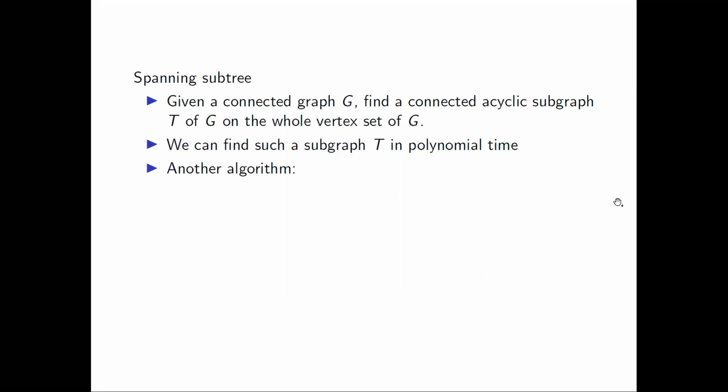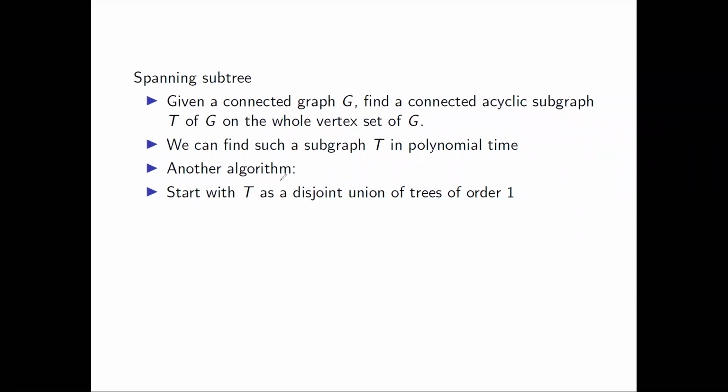So here's this edge adding algorithm. Our starting state for this algorithm, we start with T, and it is a disjoint union of trees of order 1. So in other words, T is a bunch of singleton vertices, and it's all of the vertices in G. So all of the vertices in G, we start with in T, but none of the edges.